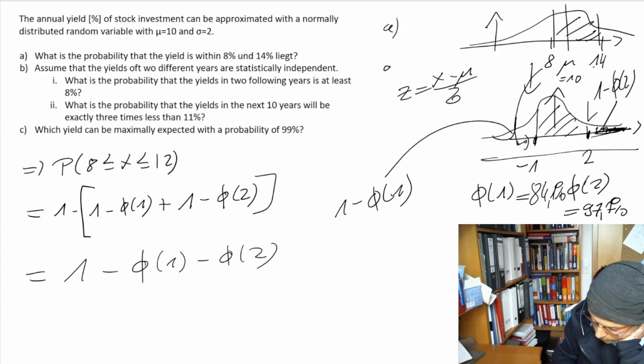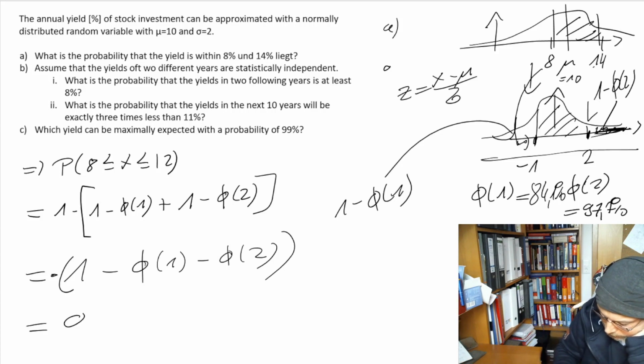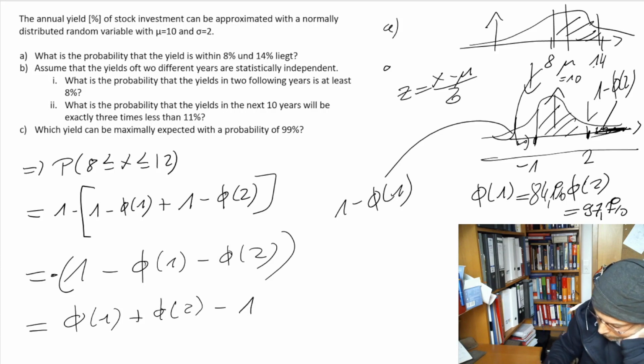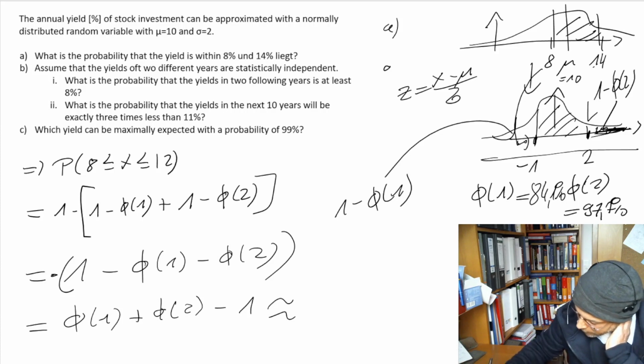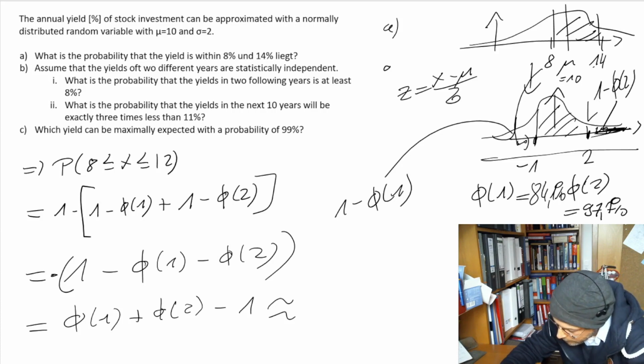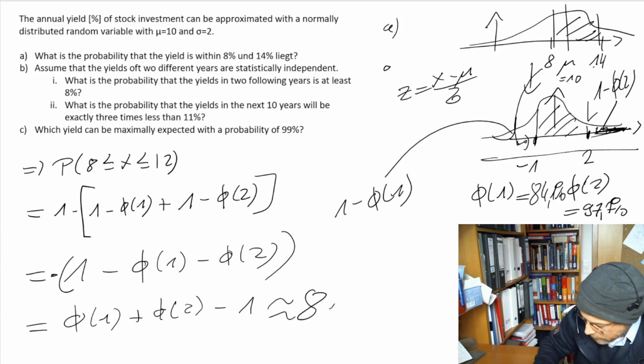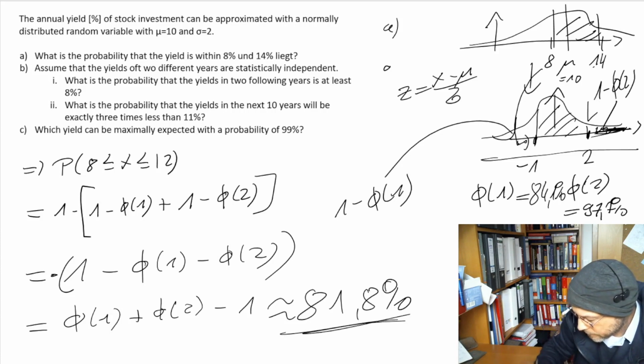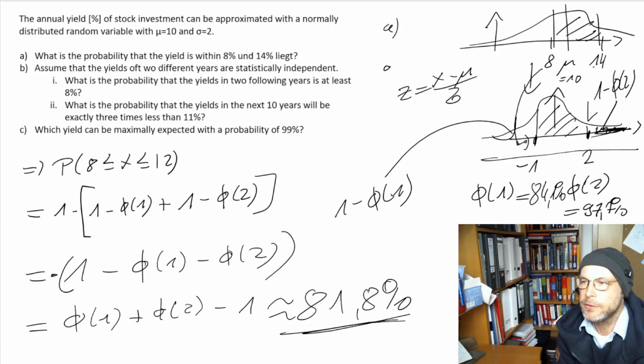Where is my fault? Okay, I found it. Because here we have a minus sign in front, and so we have phi of 1 plus phi of 2 minus 1, which is roughly 84 and 101, 181.8, so 81.8%. Do you have this too?